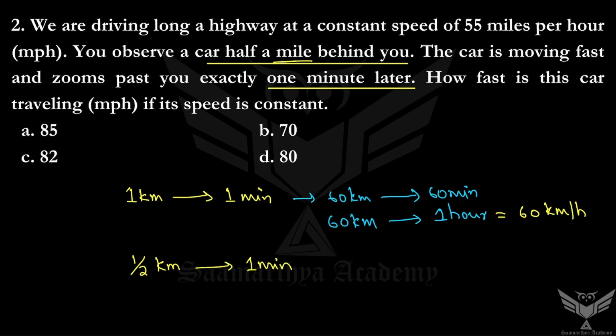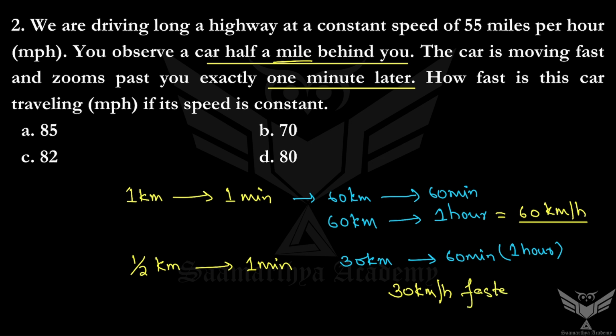If it is 1 kilometer in 1 minute, it is 60 kilometers per hour. If it is half a kilometer in 1 minute, then it will be 30 kilometers in 60 minutes, that is 1 hour. Now clearly my relative speed is what? 30 kilometers per hour faster than the car.